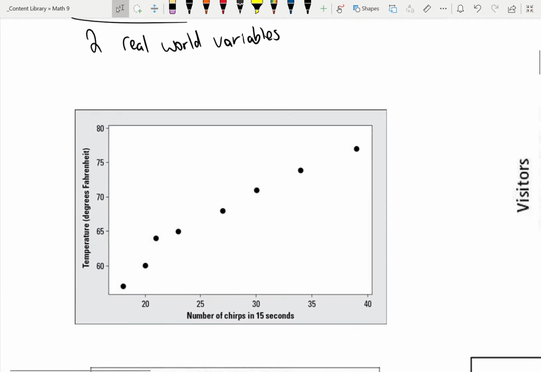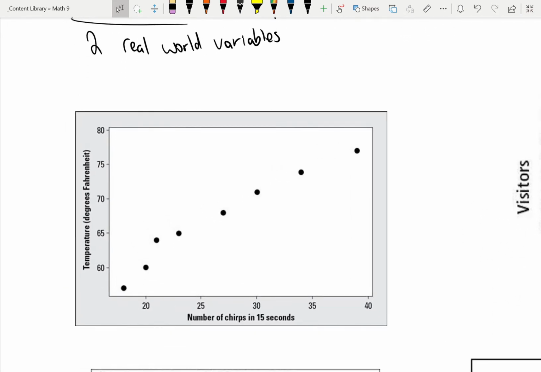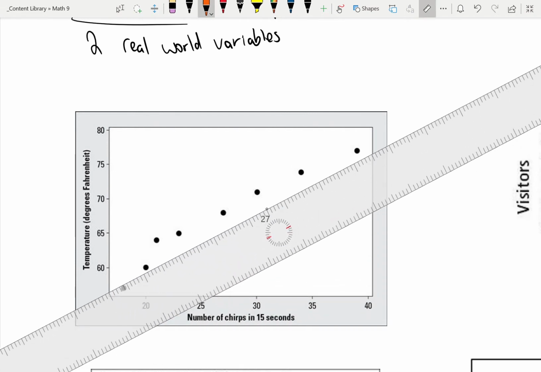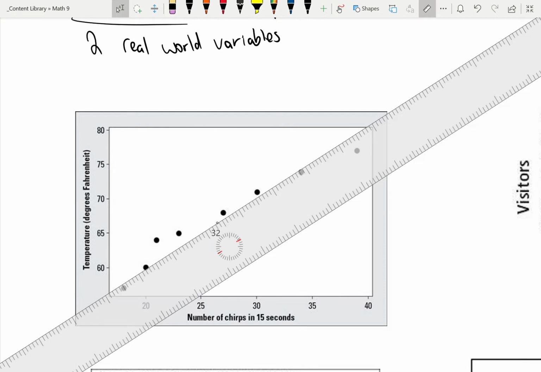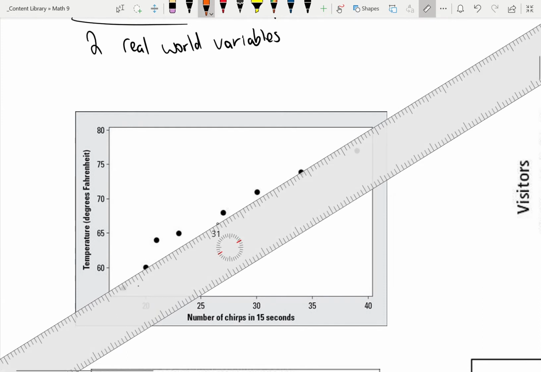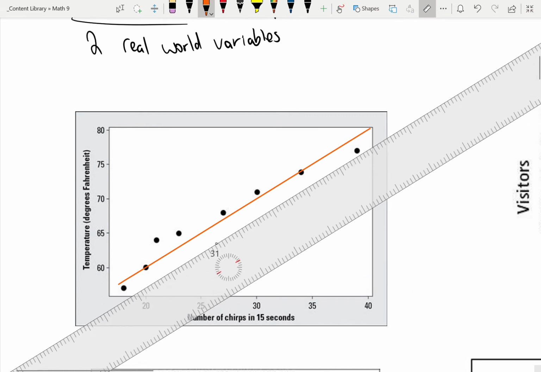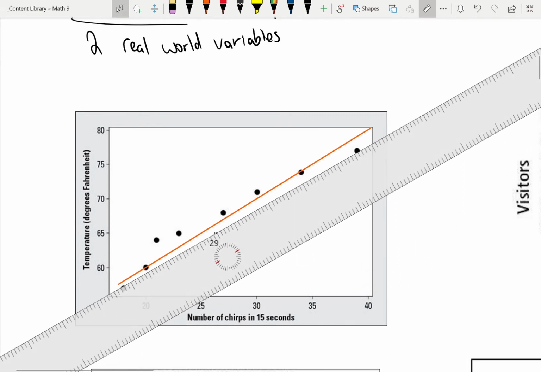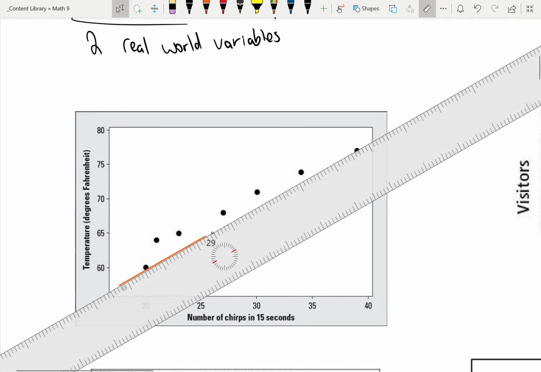For example, this one's talking about birds chirping. If I was to draw a best fit line here, I notice the number of chirps goes up. Let me erase that and swap it a little bit.